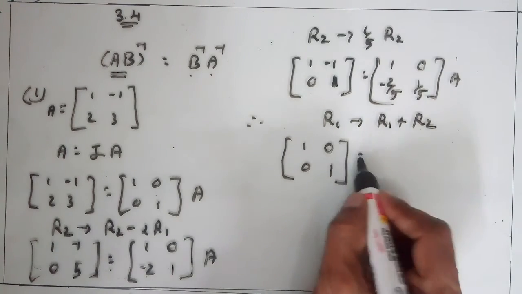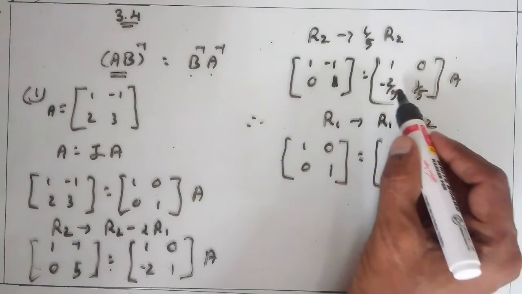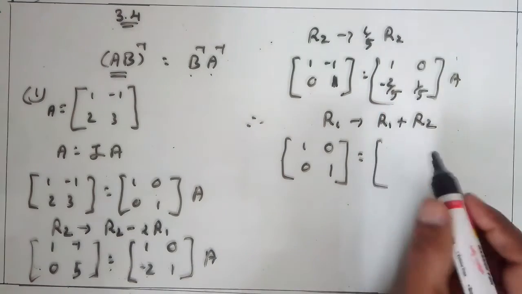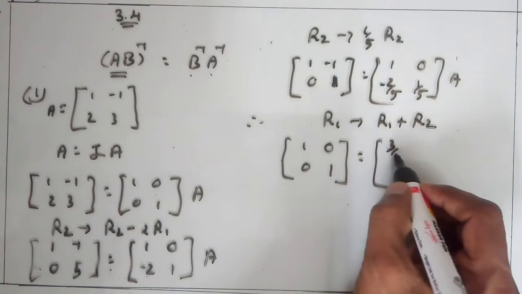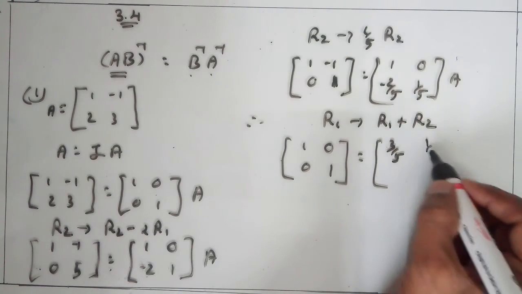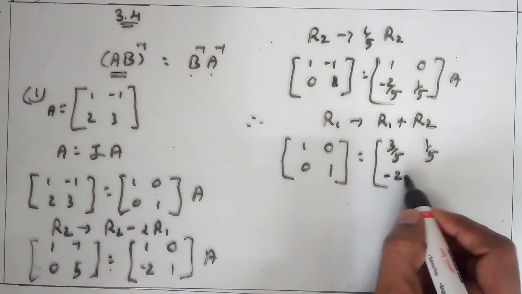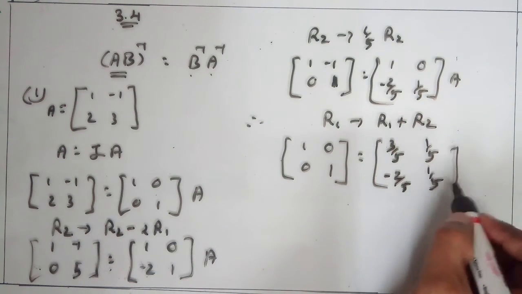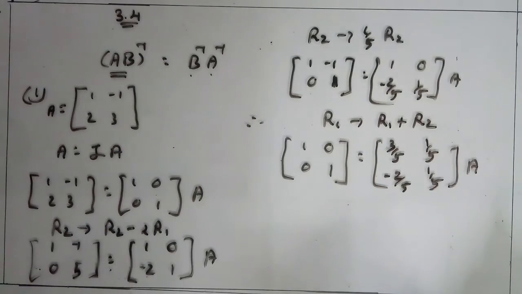So this becomes the identity matrix. Here we add, so 1 minus 2 by 5, that is 3 by 5. Here 1 by 5 remains the same, minus 2 by 5 and 1 by 5, into A.